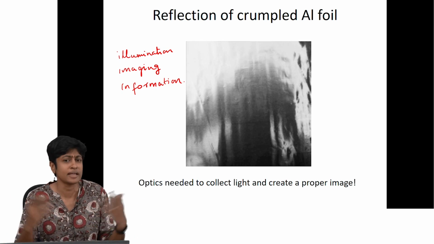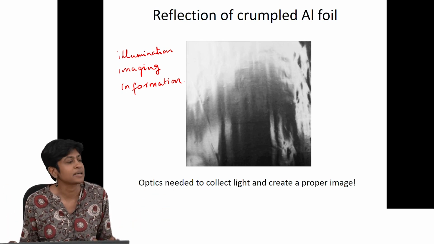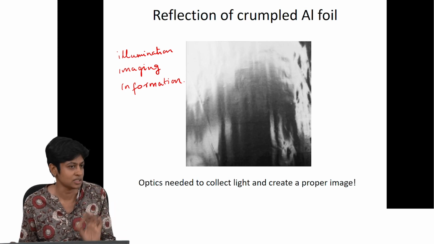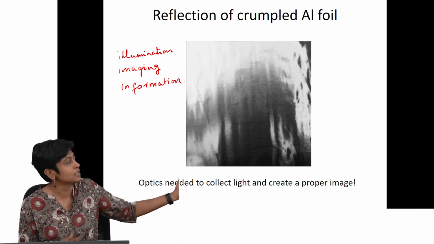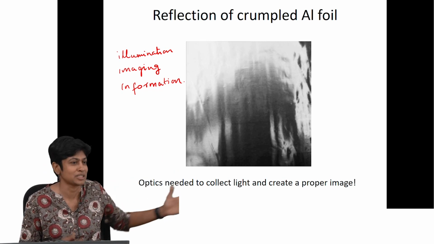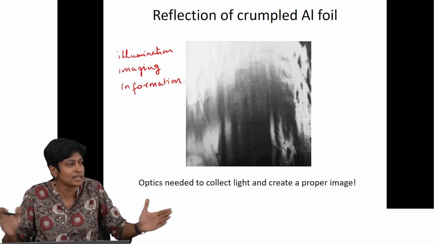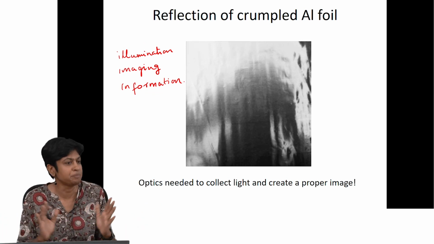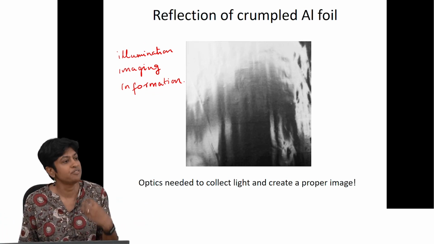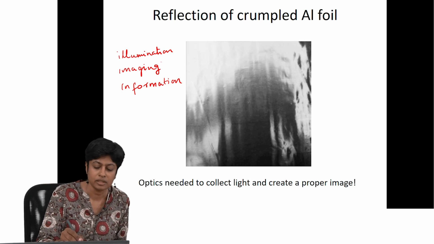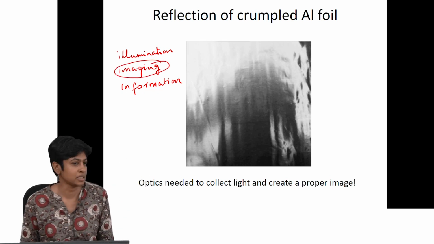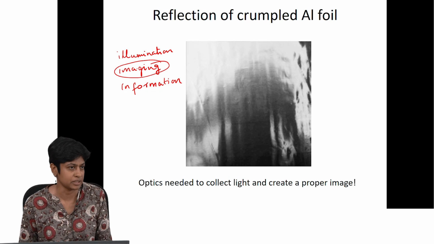There are a million examples, but almost any application would fit into one of these three. And imaging here is imaging as well as information. So it's not that you can completely separate these three, but these are the three broad areas. A very large part of this course is going to focus on the optics required for imaging.